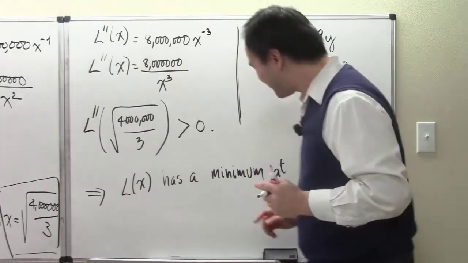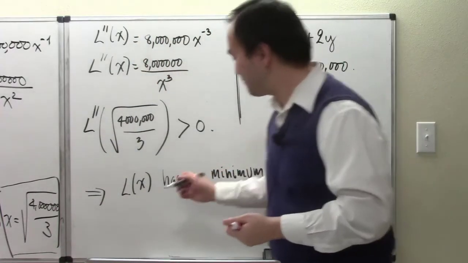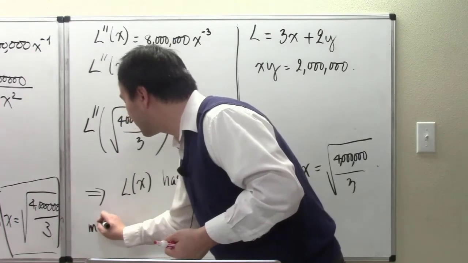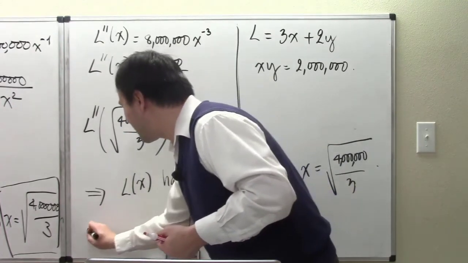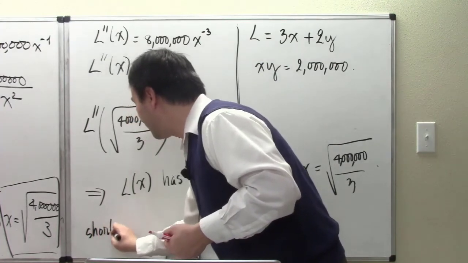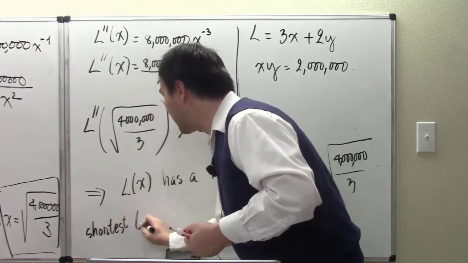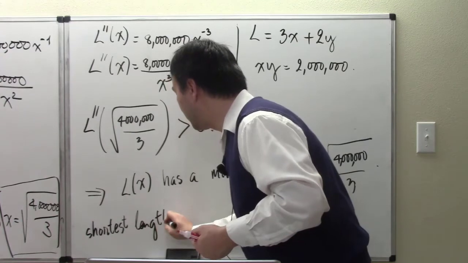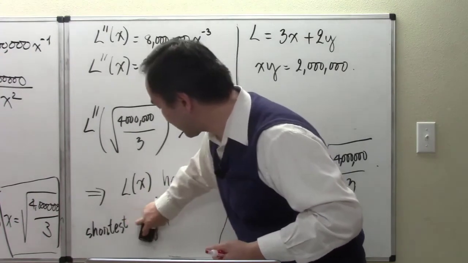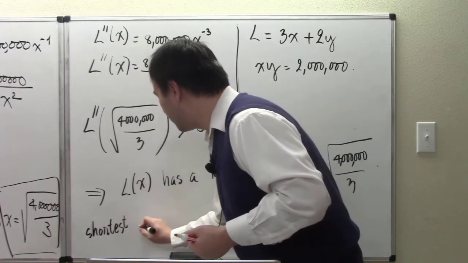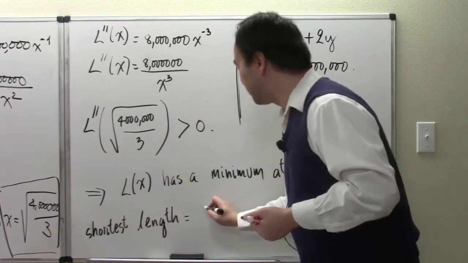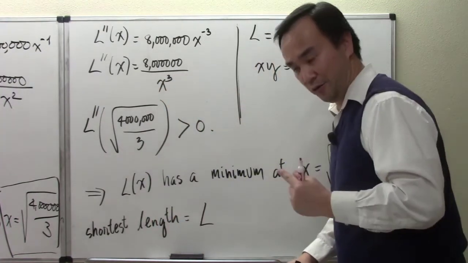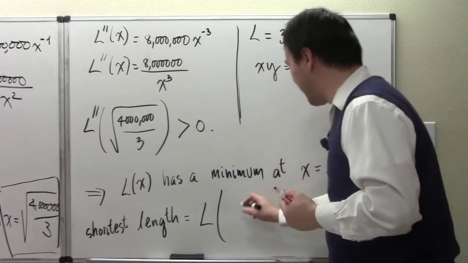Okay, so that means our minimum, or here let's use the practical term right here, shortest length, is simply the function L at this critical value we have found.